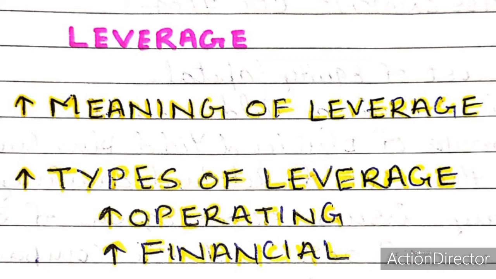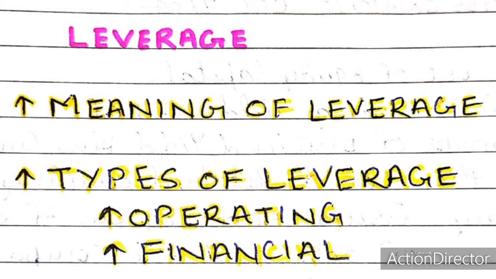Leverage implies the ability of a firm to use fixed cost assets or funds in order to magnify the return to its shareholders. In other words, leverage means the employment of assets or funds for which the firm pays a fixed cost or fixed return.